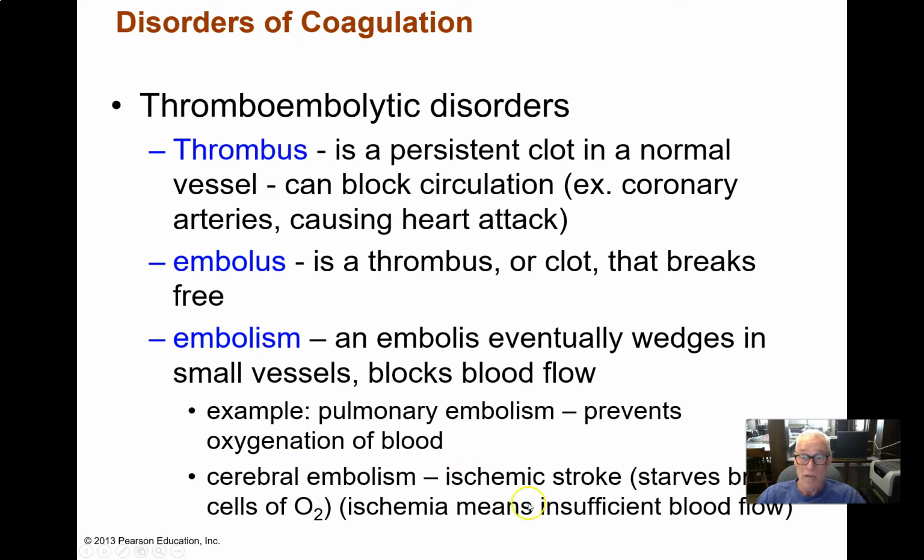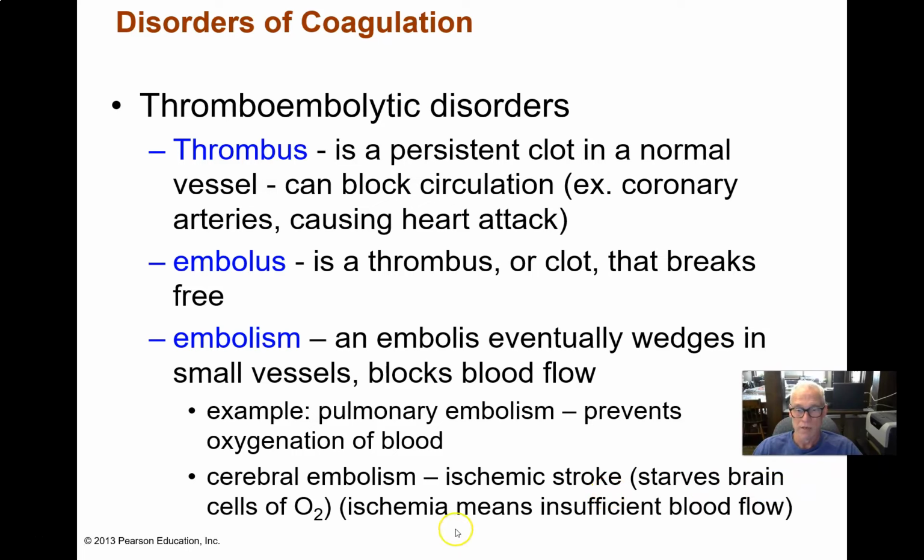If it happens in your brain, now we're having an ischemic stroke, and it starves some part of your brain for oxygen, and that can't be good. That means that some part of your brain is not going to be doing its job, and some of the neurons are probably going to die, and you're going to have permanent debility associated with loss of function of neurons or groups of neurons.